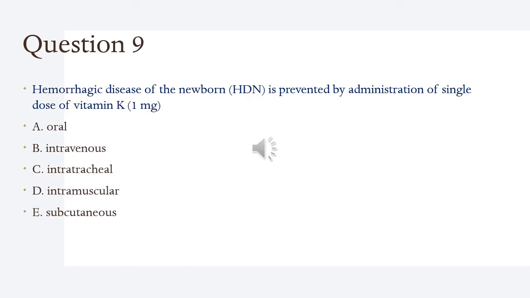Question number 9. Hemorrhagic disease of the newborn is prevented by administration of a single dose of vitamin K 1 mg. Do we give it oral, intravenous, intratracheal, intramuscular, or subcutaneous?